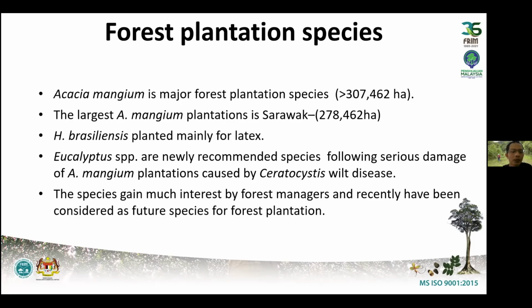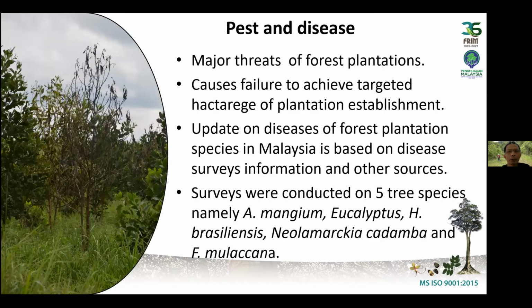Hevea brasiliensis we plant for latex, but we also harvest the wood during replanting to feed wood mills. Eucalyptus is a newly recommended species to be planted on a large scale because we have a very big problem with Ceratocystis disease on Acacia mangium. This species has also gained much interest from forest managers and has recently been considered a future species for forest plantation.